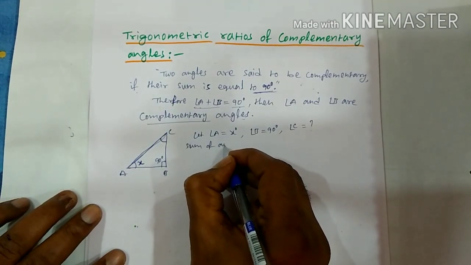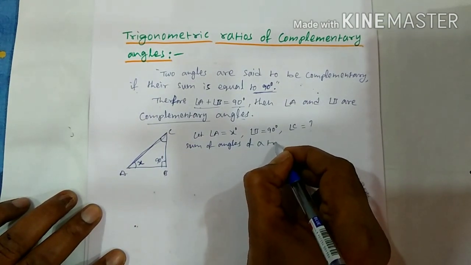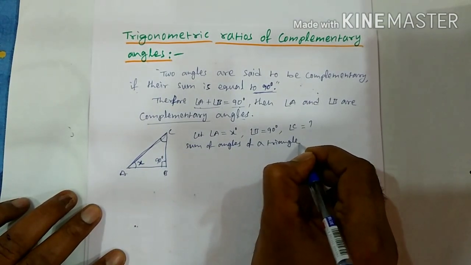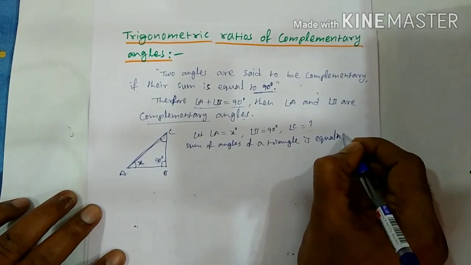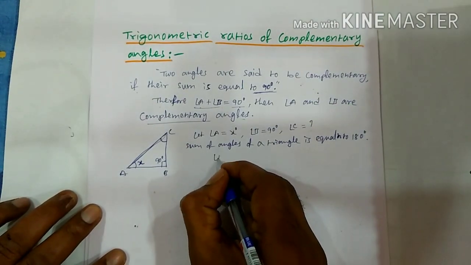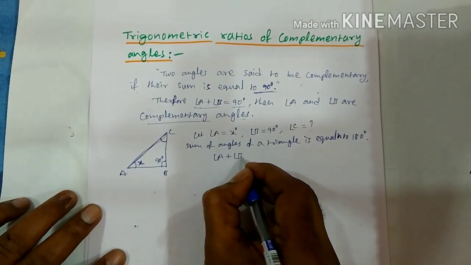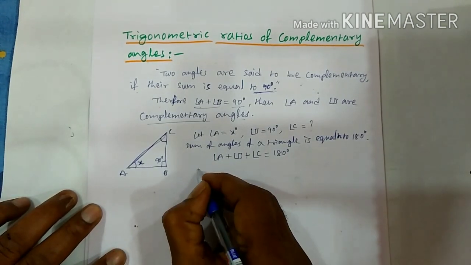Sum of angles of a triangle is equal to 180 degrees. So angle A plus angle B plus angle C is equal to 180 degrees.